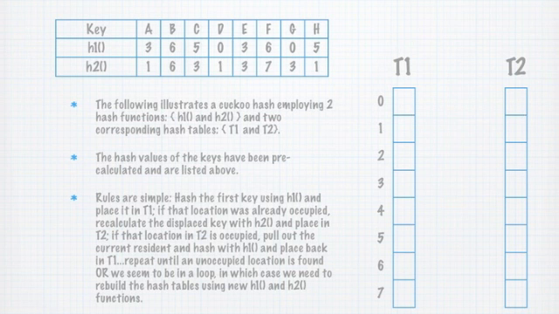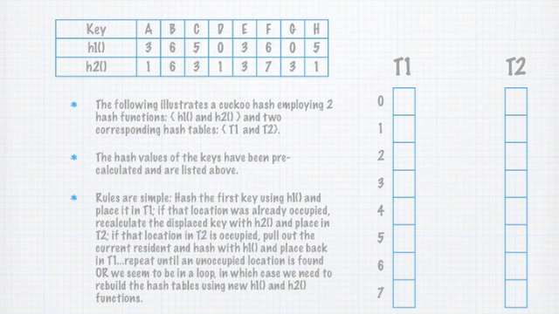Here we have a set of keys and a pre-calculated set of hashes. This is a 2 hash function table. We have tables T1 and T2 to go along with our keys and hashed values. The rules are pretty simple.